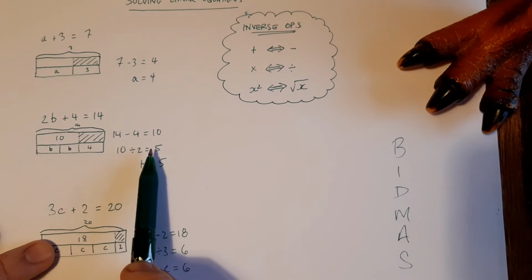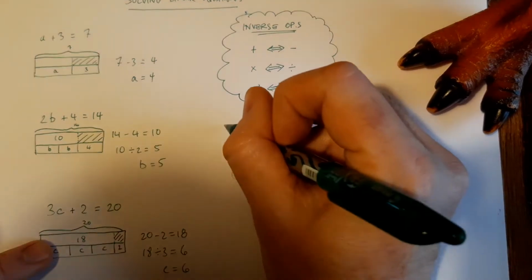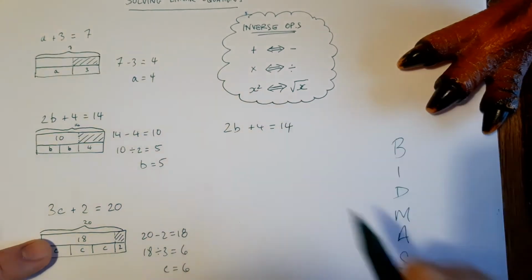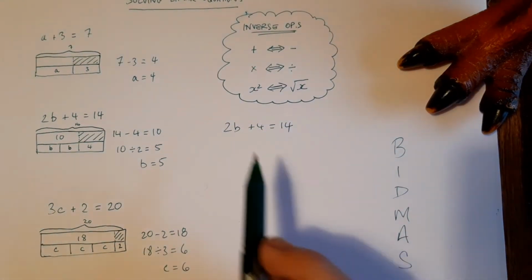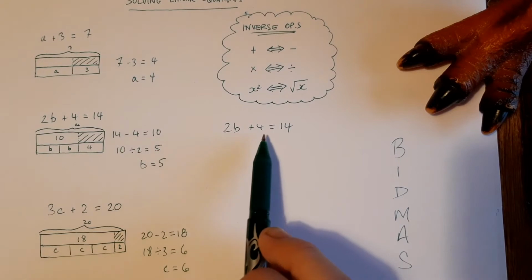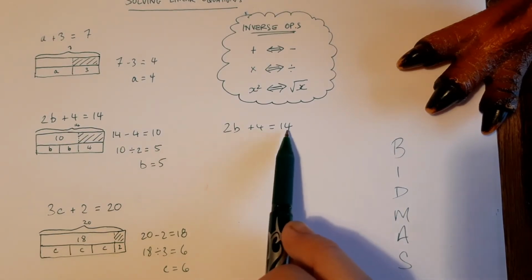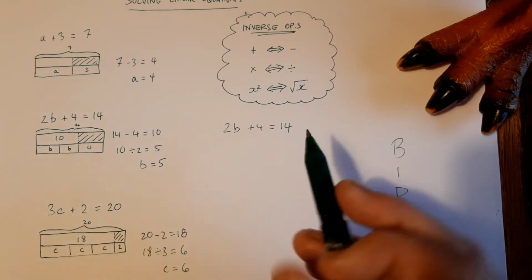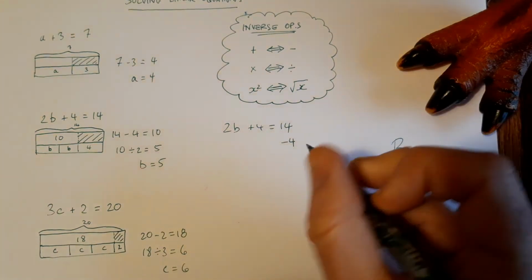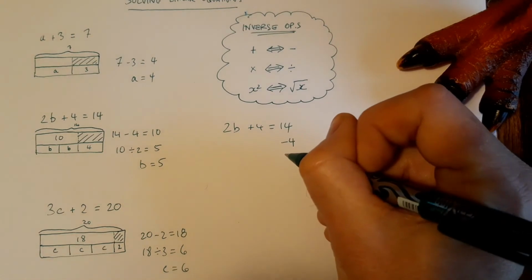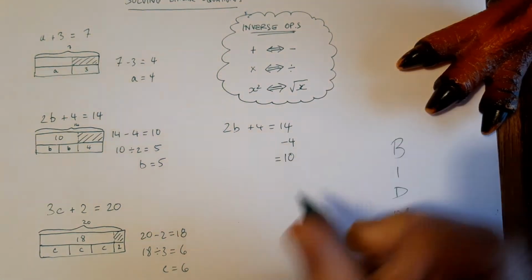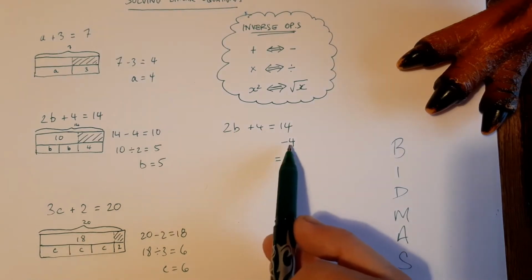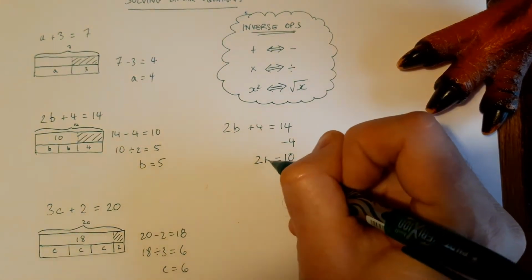Let's try this one as an inverse operation: 2b plus 4 equals 14. We're going to get b on its own and find out what b is, and to do that we need to unpick, or work backwards. We start with 14, and instead of add 4, going backwards we take 4. That gives 10. Now the plus 4 has been reversed and is gone, and we're left with 2 b's.